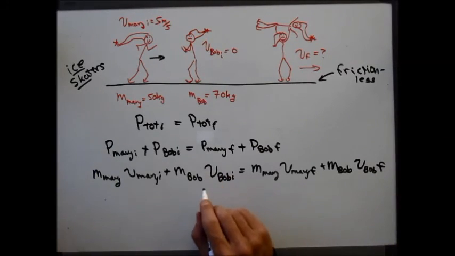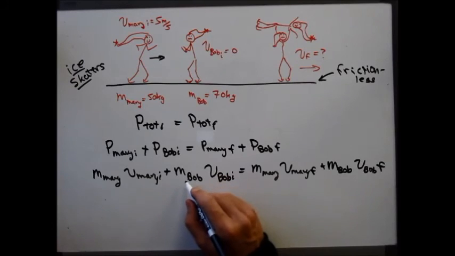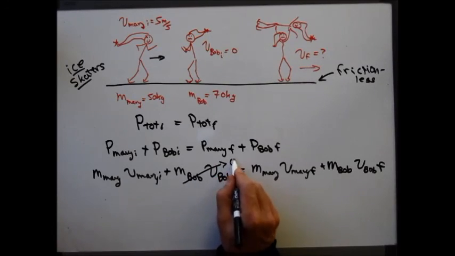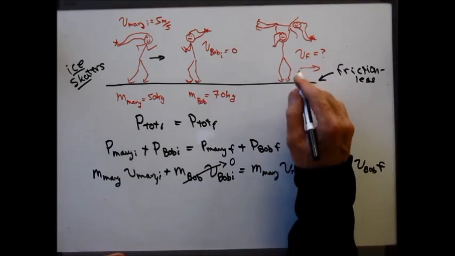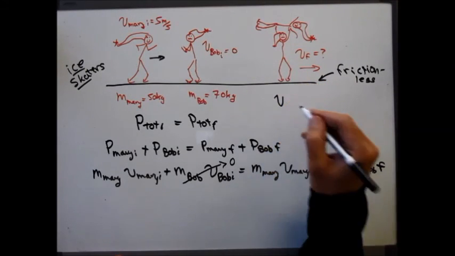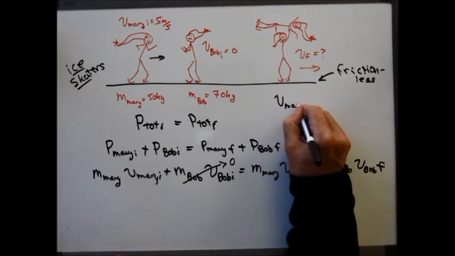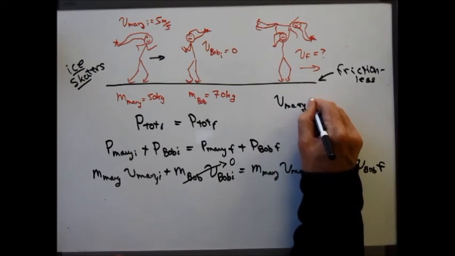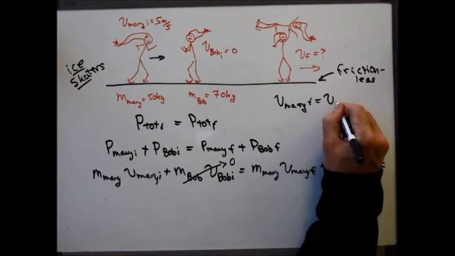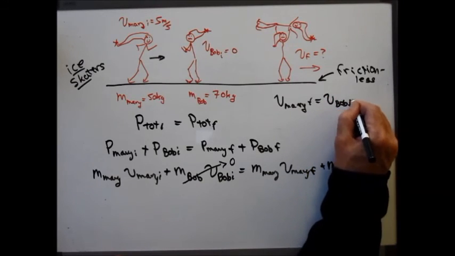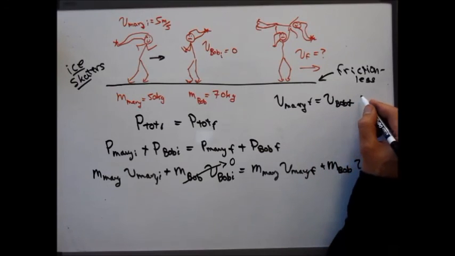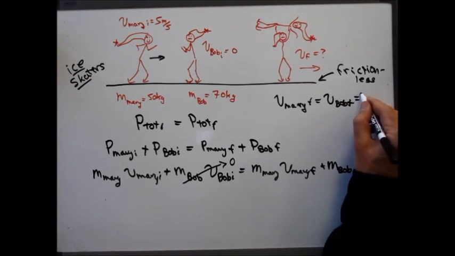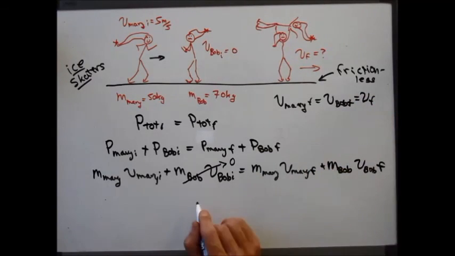And so we can say a few things. First of all, Bob's initial velocity is 0, and so this term just goes away. Second of all, we can see up here that V Mary final is equal to V Bob final. That is to say, if he catches her, they're traveling at the same speed, and so we just call those two things V final.